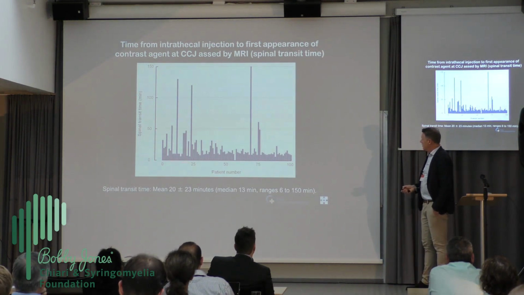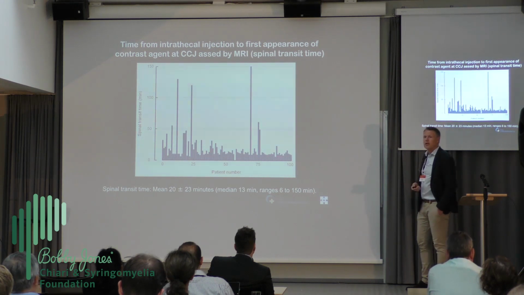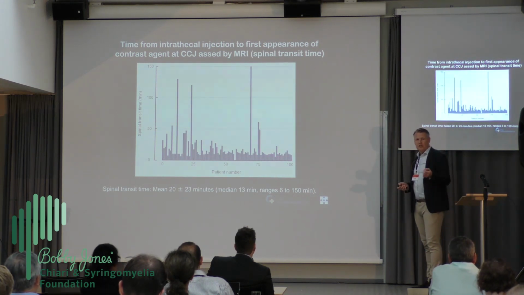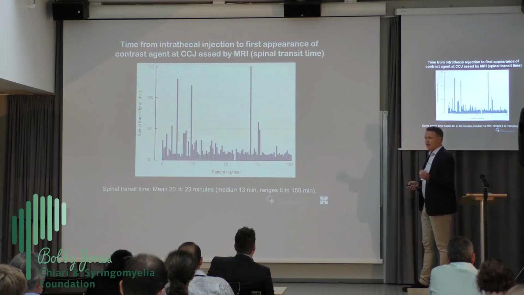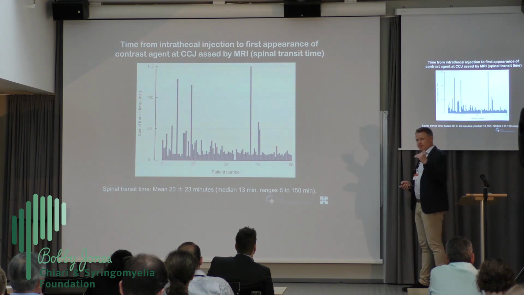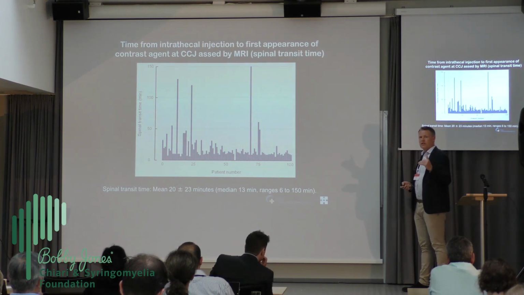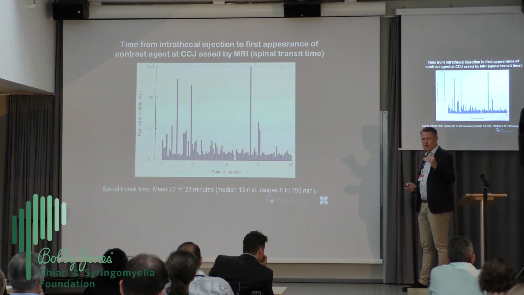So these are the first 100 patients in whom we have applied MRI contrast agent intrathecally to the spinal compartment, and then we visually assess when the tracer is coming to the cranial-cervical junction, and we see it's occurring quite fast.